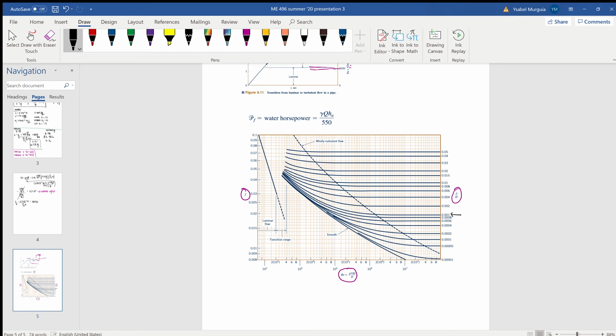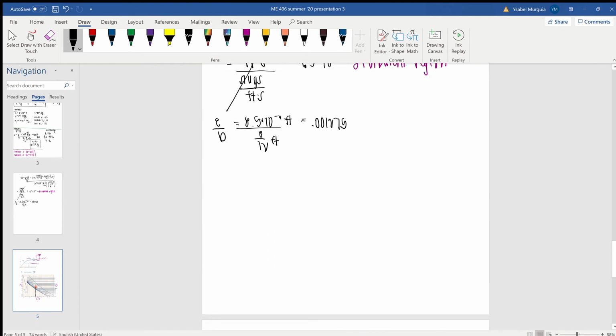So I'm at 9.5 times 10 to the 5th. So I'm going to be somewhere around here, right there, which I actually plugged into a friction factor calculator, to get that my friction factor is equal to 0.021.